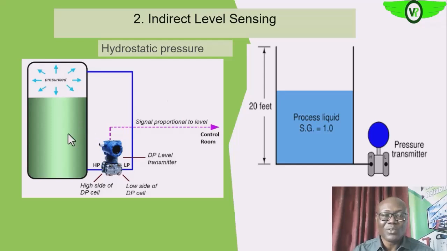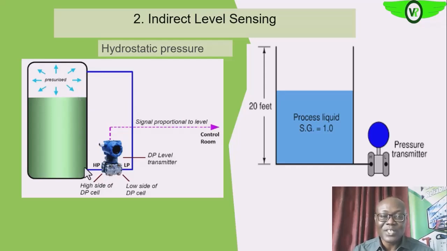Where rho is the density of the fluid in the vessel, g is the acceleration due to gravity, and h is the height. Since rho and g are constant, as h is varying, what will happen to the pressure? It will be varying, and h is the height or level of the fluid in the tank.